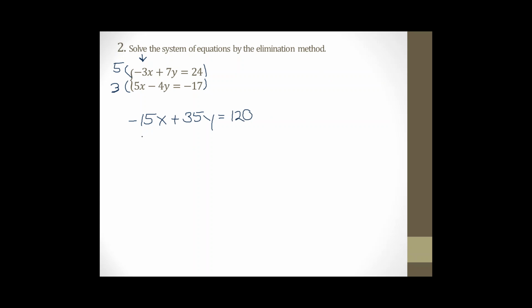And now let's also multiply through the second equation by 3. And we get 3 times +5x, so that is +15x. And then 3 times -4y, which is -12y. And then we have 3 times -17.